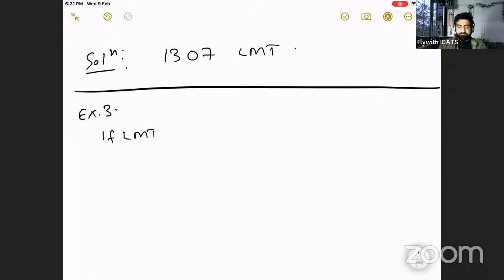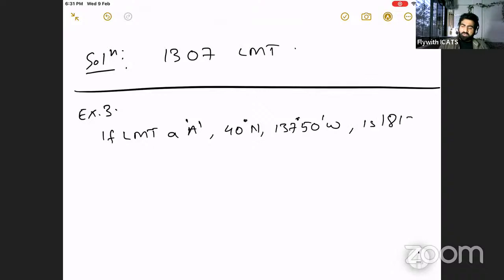If LMT at A, where the position of A is 40° north, 137 degrees, 50 minutes west, your LMT is 1812 on 18th August.